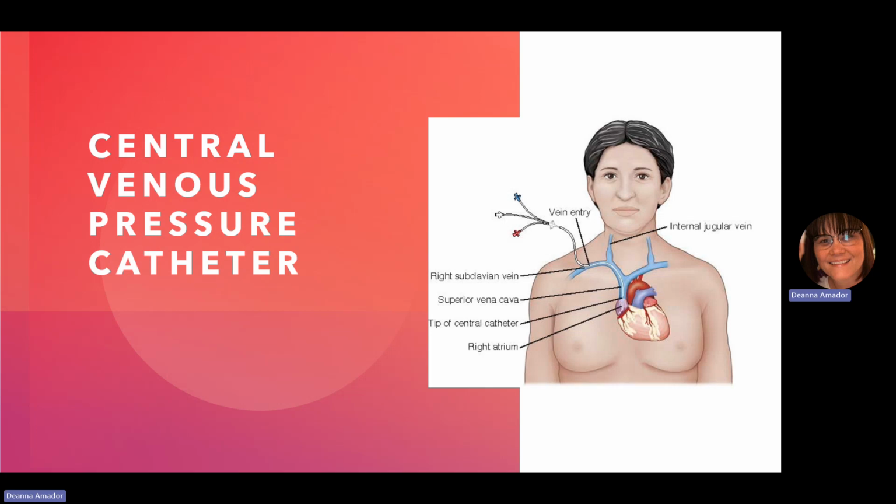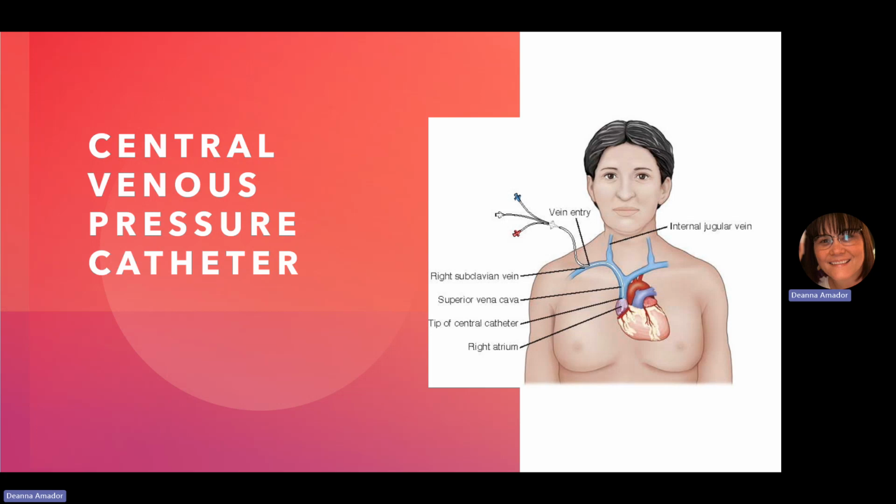And that full stretch or full volume is what we use the CVP to measure. So if I had somebody that was fluid overloaded, and I knew that a normal CVP would be 2 to 6, if I had a congestive heart failure patient who was fluid overloaded, maybe my CVP was 10. That would be how much volume is in the right side of my heart at full stretch, right at end diastole, right before it contracts and pushes that blood out.